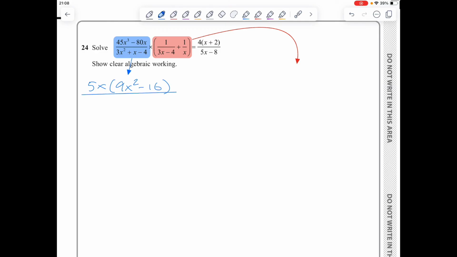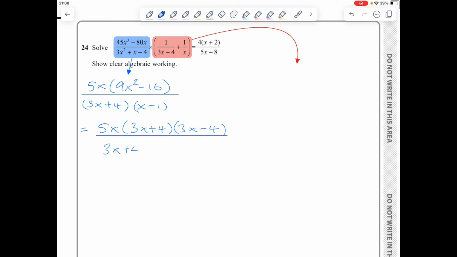And then for the denominator, I will factorize, and I'll get 3x plus 4 times x minus 1. Now, this bracket here, that is the difference of two squares. So I get 5x, 3x plus 4, 3x minus 4. And then the denominator will stay the same, 3x plus 4 times x minus 1.